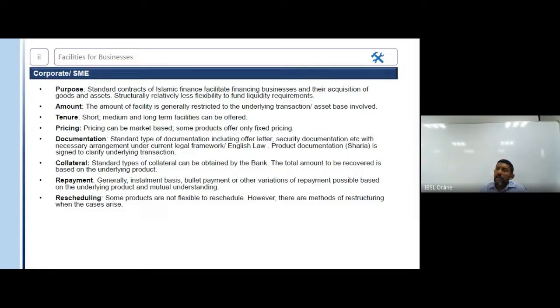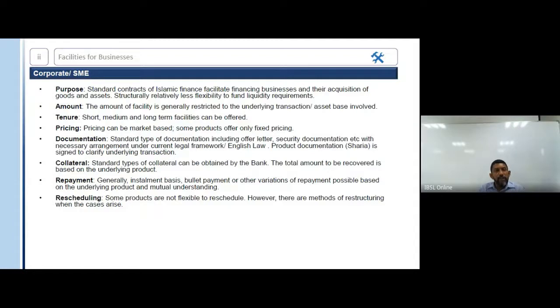So what kind of collateral can be taken? Any kind of collateral that can be taken by a conventional bank can be used by an Islamic bank too. So let me run through these principles and come to that in a little more detail.